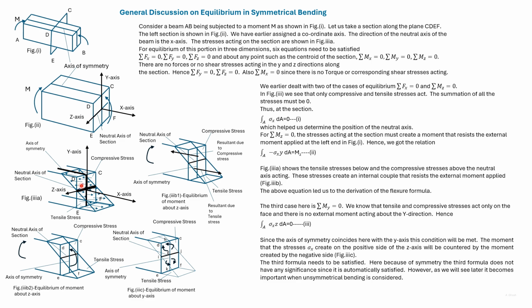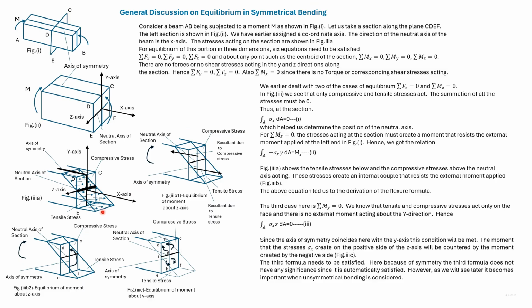Similarly, consider this quadrant at the bottom. So the quadrant is G, I, E, K. The stresses are tensile here, and the stresses will create a moment about the y-axis as shown.